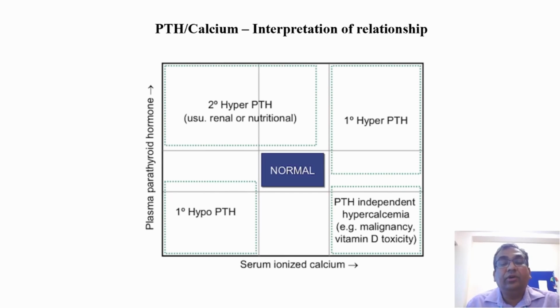If both the parathyroid hormone and the calcium levels are low, then it is hypoparathyroidism. And at times there will be a discordant relationship between calcium and PTH, where calcium is independently elevated and is completely PTH independent, and this tends to occur in certain circumstances like malignancy or vitamin D toxicity.